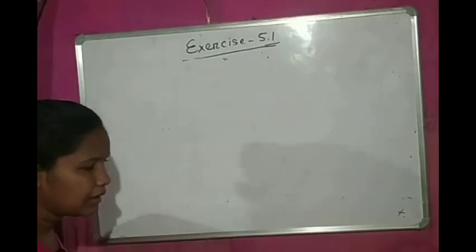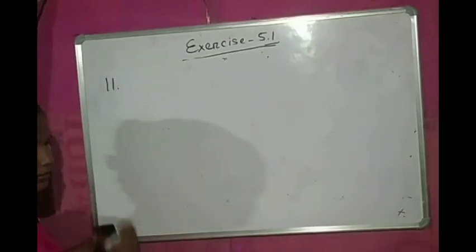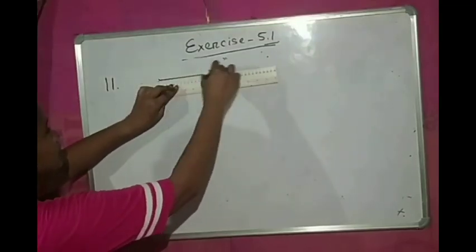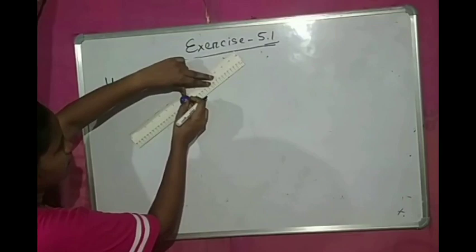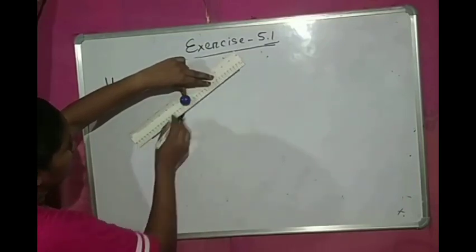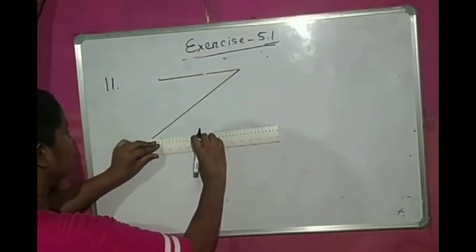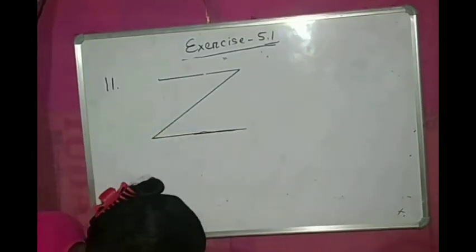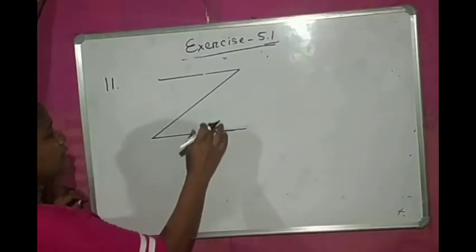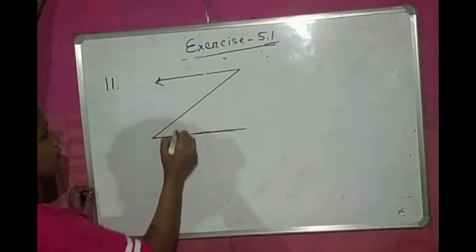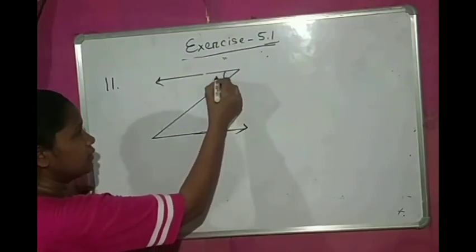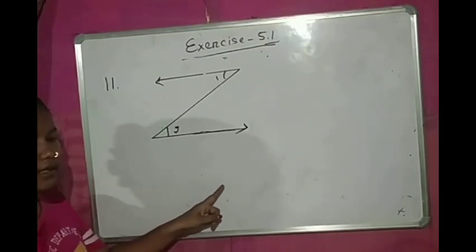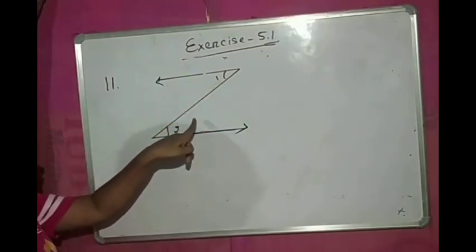Next, move to question number 11. So what is given here? Angle 1, angle 2. In the following figure, is angle 1 adjacent to angle 2?